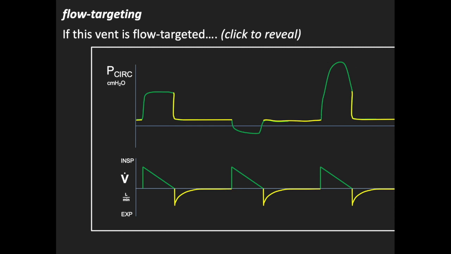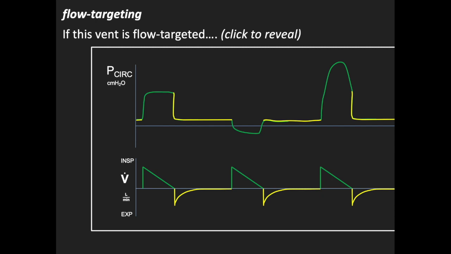A major point here is that flow targeting tends to be more uncomfortable than pressure targeting. And that's because we like being able to change how fast we breathe in or out. If you're sitting and listening to this right now, you may notice that sometimes you take a deep, slow breath like a sigh. Sometimes you take a shorter breath with maybe a lower inspiratory flow. But it's comfortable being able to change how fast you breathe in or out, and flow targeting does not allow you to do that.